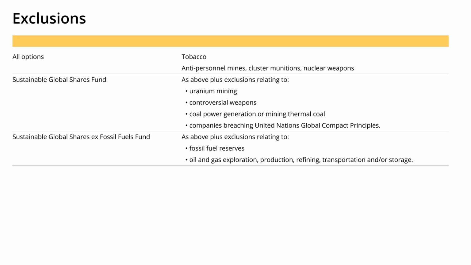What are the additional exclusions, David, that are included in that fund? Yeah, so like you mentioned, there's some additional exclusions for the Sustainable Fund. It's mainly looking at things like excluding companies with exposure to uranium mining, controversial weapons, coal power generation in terms of thermal coal, also companies breaching the UN Global Compact.